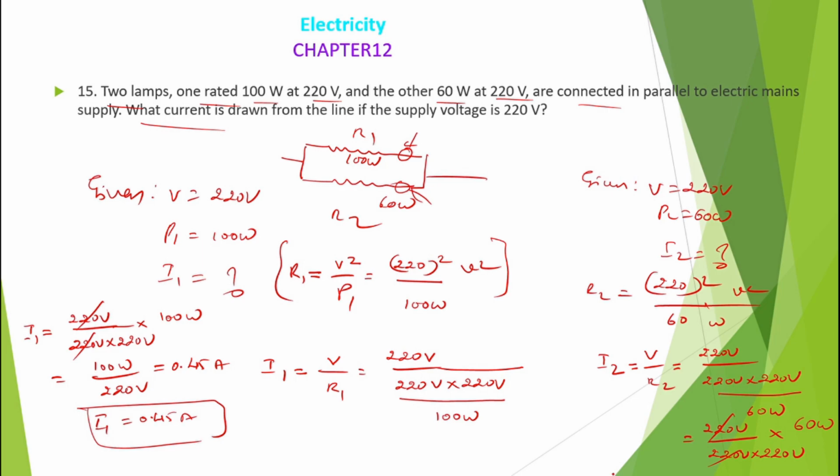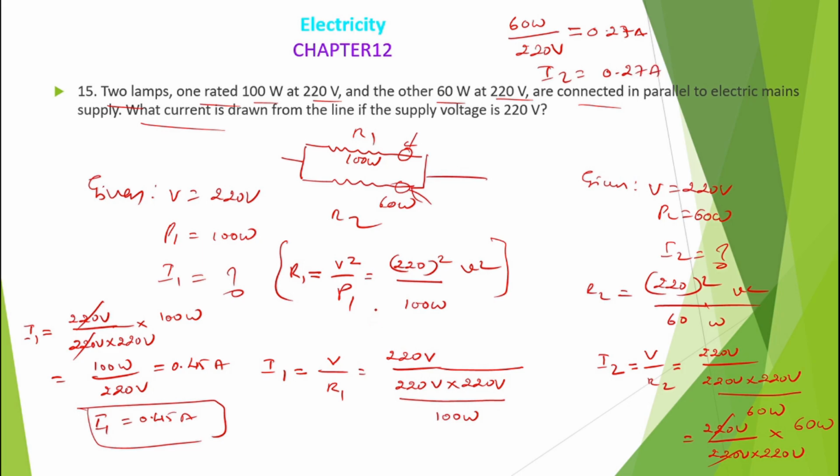So this one cancels, and you will get 60 watt divided by 220 volt. If you simplify this, you will get 0.27 amp. Okay. So I2 is equal to 0.27 amp.